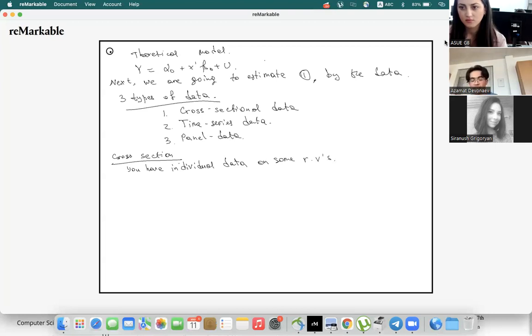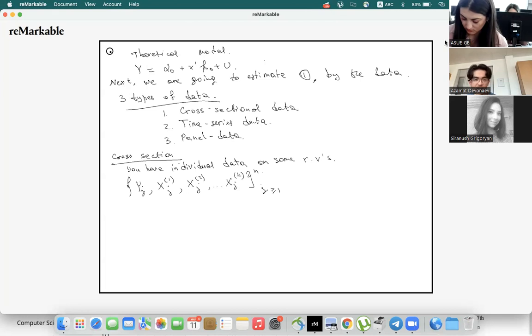Mathematically, you have some set denoted by, say, J. So basically, it's this kind of collection.